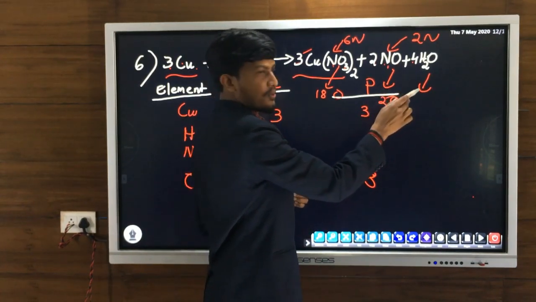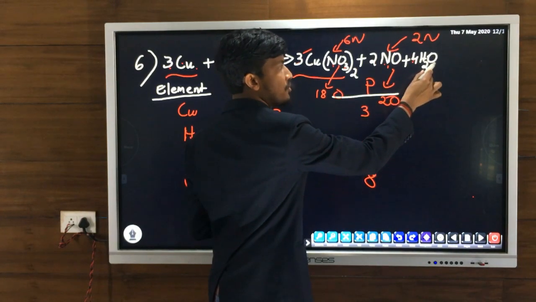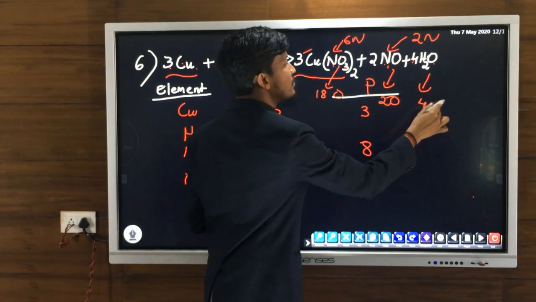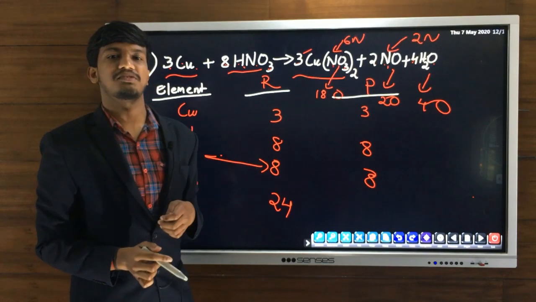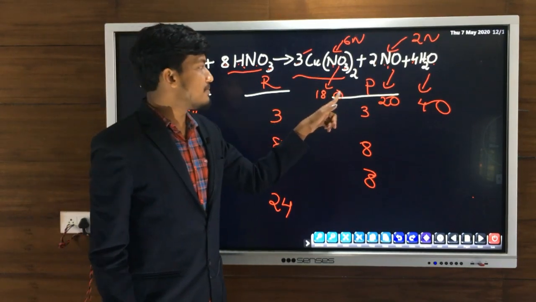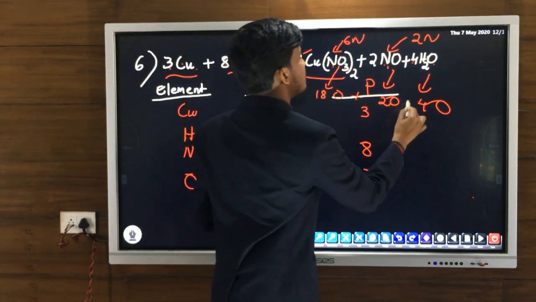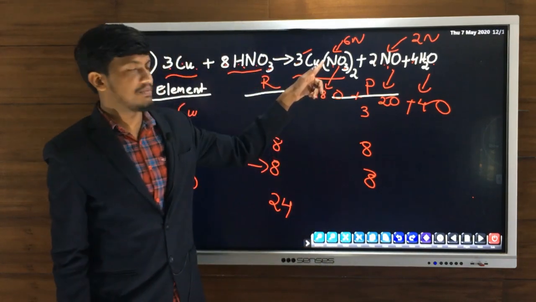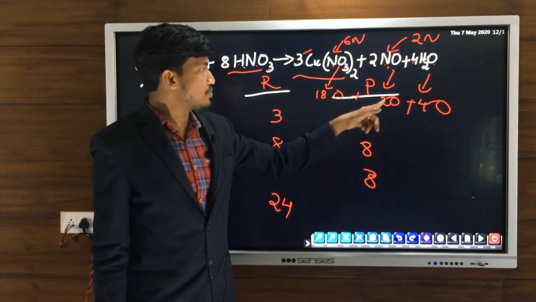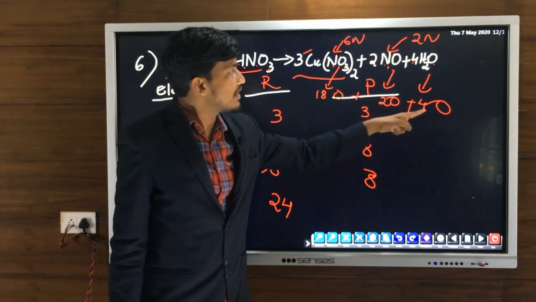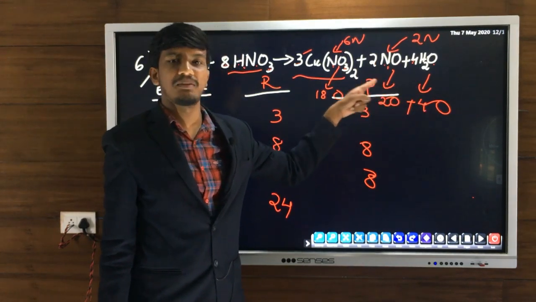Now, from the last product, how many oxygen atoms? 4H2O. Therefore, 4 into 1, 4 oxygen atoms. So we have 18 plus 2 plus 4: 18 oxygen atoms from the first product, 2 from the second product, and 4 from the third product.